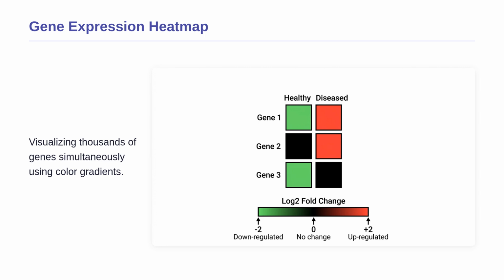The colors correspond to the log 2 fold change we calculated earlier. Bright red indicates a gene is highly upregulated in the diseased state, while bright green shows it is downregulated. Black means there is no significant change. This visual tool allows researchers to instantly spot patterns and identify which biological pathways are malfunctioning.